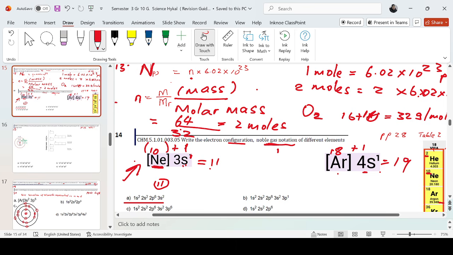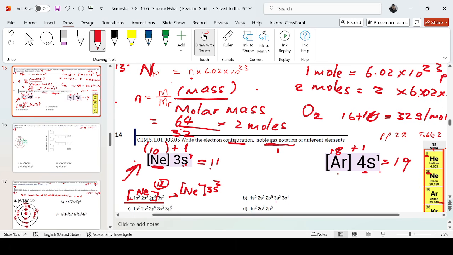It's neon, which represents 10 electrons. So instead of writing all this, I will write neon, and after neon, I have 3s2. This is noble gas notation.